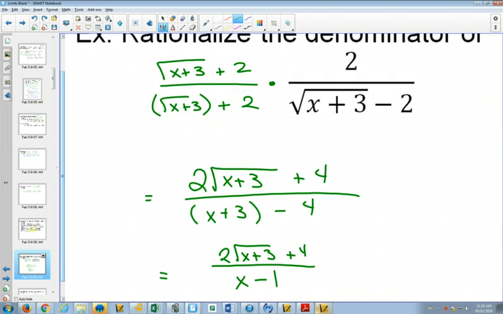And the reason it's called rationalizing the denominator is because we no longer have a square root on the bottom. Now, when you did this back in grade 11, it was always with numbers that you had on the bottom. So now this is the first time that we're doing it with variables inside square roots. There's another example right underneath this. I want you to try that one on your own. I'll give you a little bit of a head start, and then I'll put the answer up in a second.